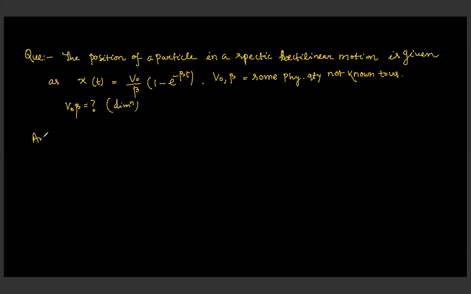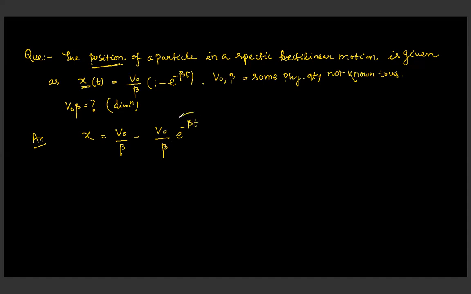Let's start it. x is the position. Position is a length, right? So if I write it down, x is equal to, I'm just removing that it is a function of time. So we can write it as v naught by beta minus v naught by beta e to the power minus beta t.